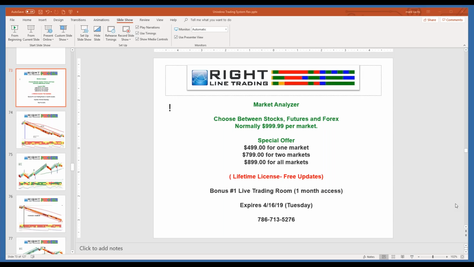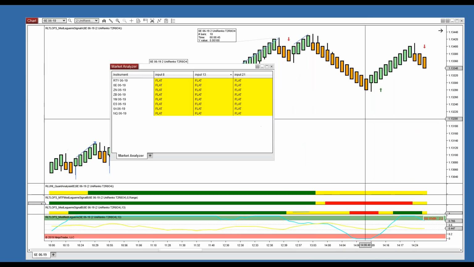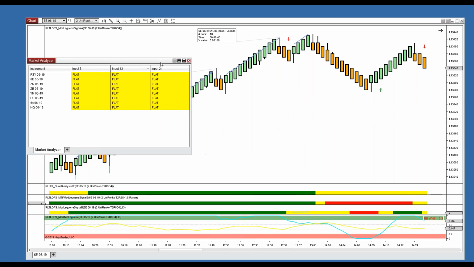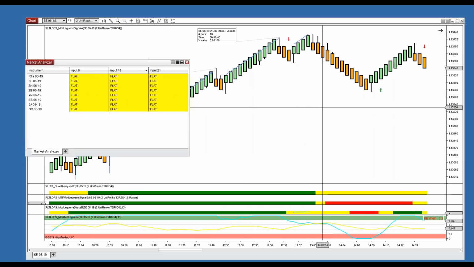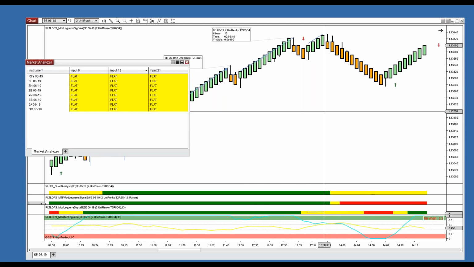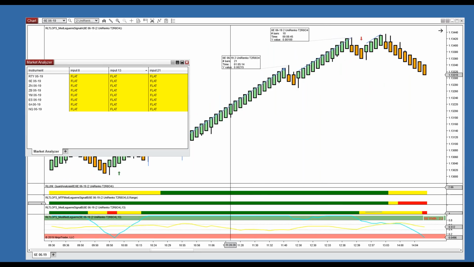They do come with this, Art. I want everyone to understand that what you see here, you get. I never project anything in a webinar that you don't also get in the purchase. If you didn't get these indicators, I wouldn't show them.